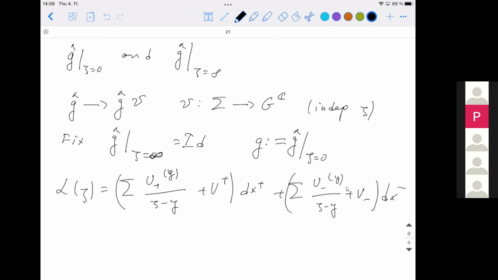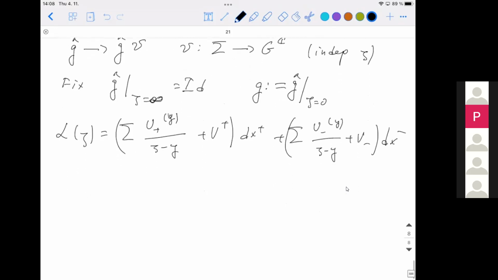Okay, so this was the Lax connection. And for the PCM, the zeros of omega are plus minus 1.